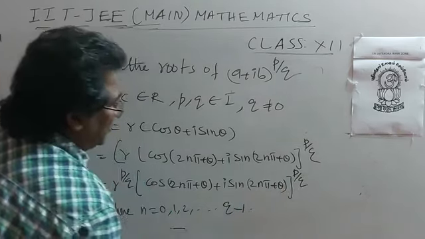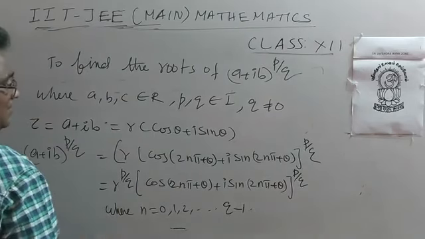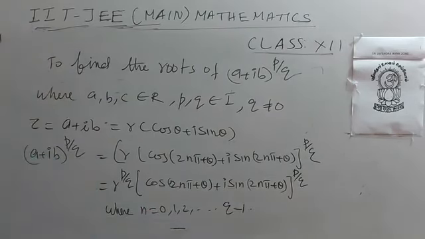The denominator we have is q, so apply values for n from 0 to q minus 1. There will be q values.